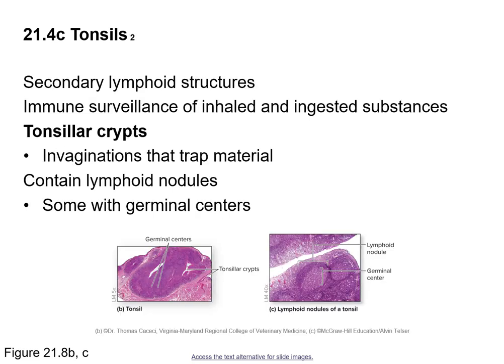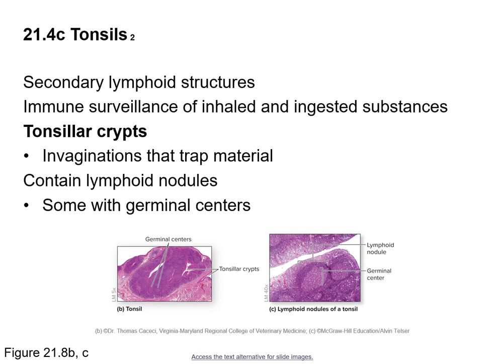So our tonsils have structures on the surface called tonsillar crypts, which are essentially big invaginations of the epithelium, as opposed to a smooth, flat surface. These crypts help to trap material: pathogens, debris, foreign organisms, viruses, bacteria, things like that.